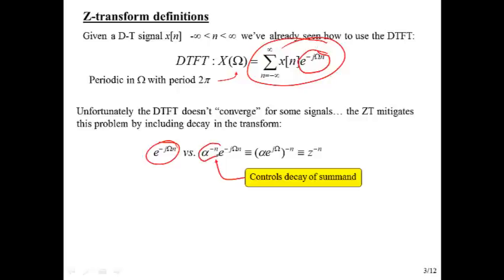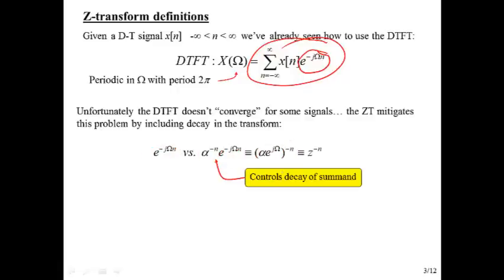We're going to stick an alpha out in front, and we can then use alpha as a controlling parameter that we can adjust to make this sum converge. So we're going to group those two things together to be something that looks like this, raised to the negative n, and we look at this and go, whoa, that's just a general complex number, so let's give it a name of its own.